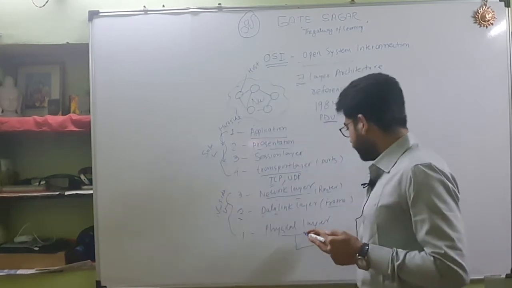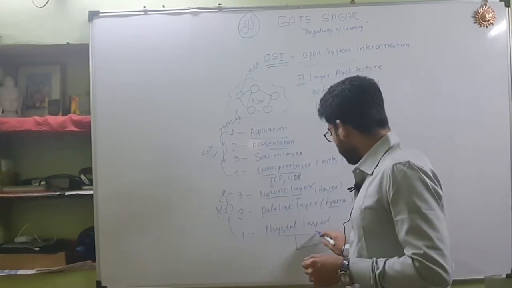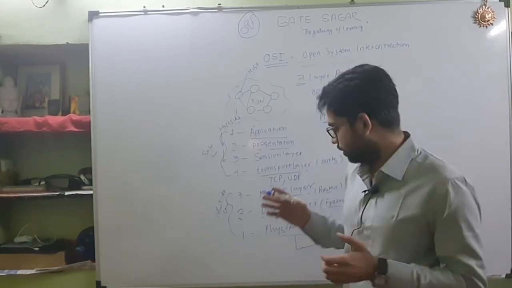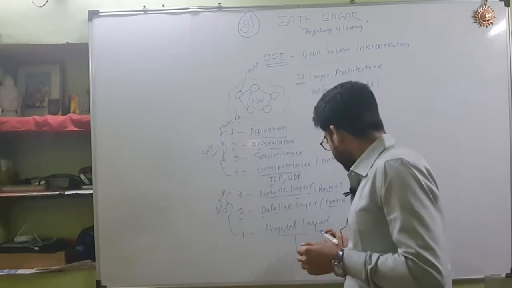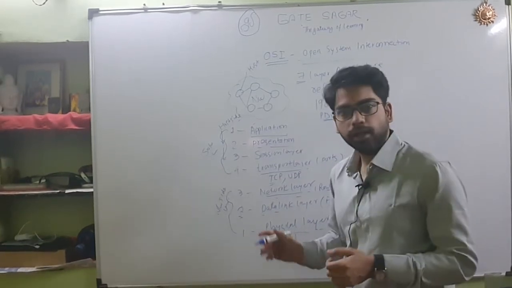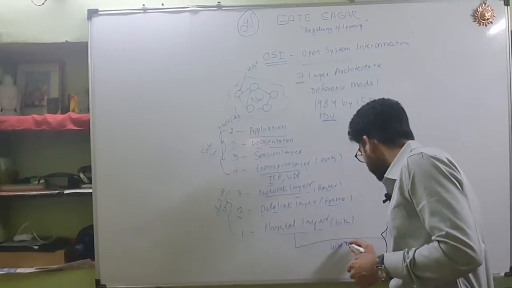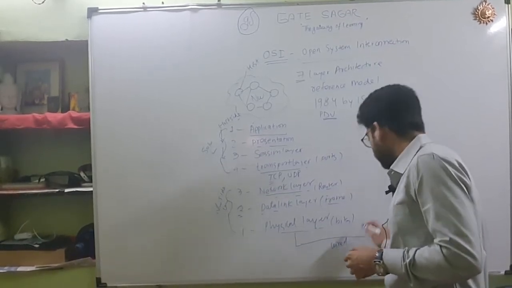So basically this physical layer is the bottommost layer, and this is responsible for sending a message or data, the bits you can say, in a physical medium. This transfers in a wired medium.